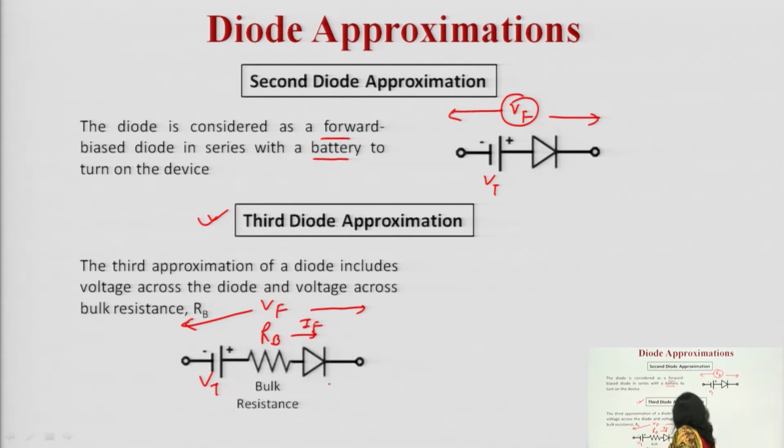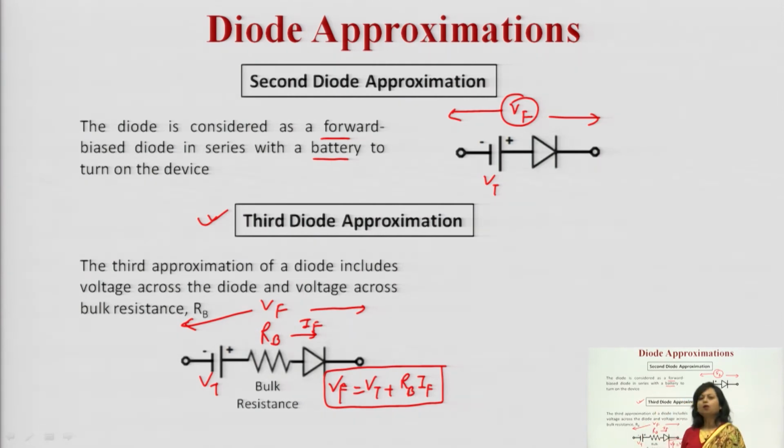So, you can write what Vf is. Vf is nothing but Vt plus Rb into IF. So, this is how you can draw all three approximations, and depending upon the approximation you can draw the VI characteristic curve as well, right.